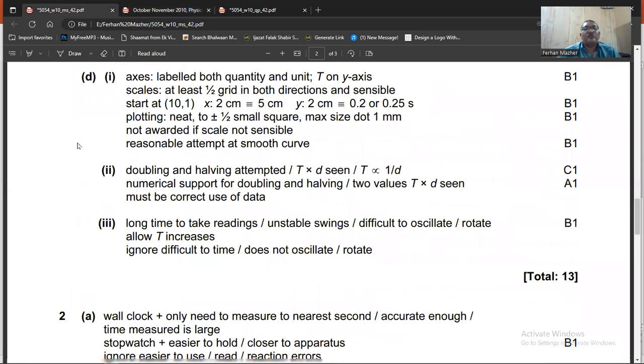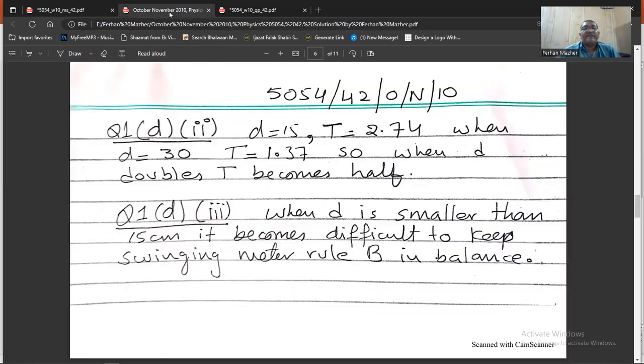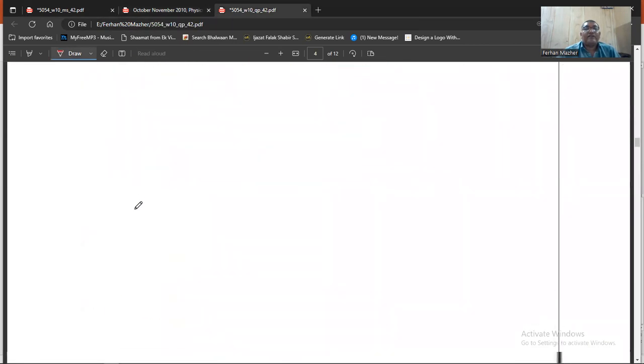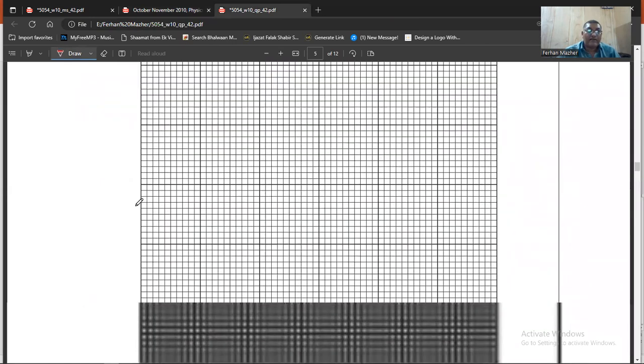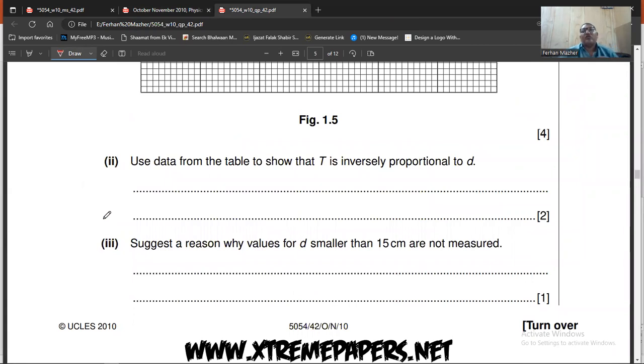So let me show you. This is how we have to show this. I hope you can see this. And then we have another question. He says, suggest a reason why the values for the D smaller than 15 centimeters are not measured.